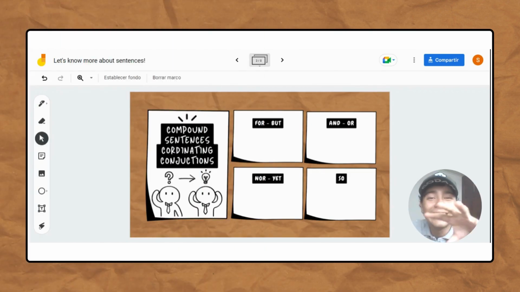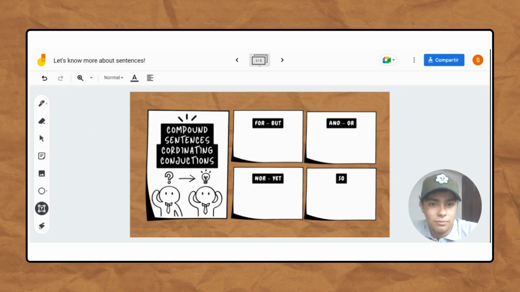So guys, this is the same slide that you were watching in my presentation, and here I would like you to complete this chart, but in this case you're not going to be putting a post-it, you are just going to be adding the text. Here you can write.